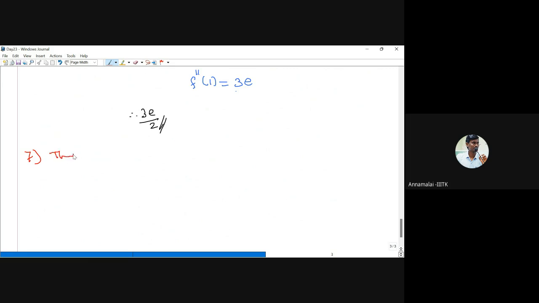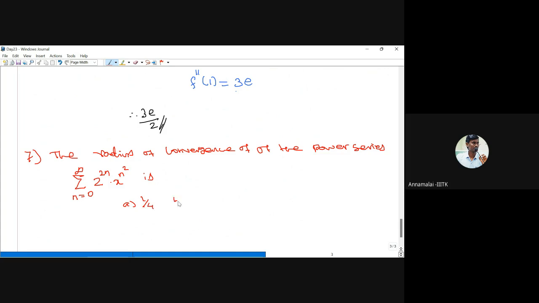The radius of convergence of the power series, summation of 2 power 2n times x power n square, where n equals 0 to infinity, is: the first option is 1 by 4, the second option is 1, the third option is 2, the fourth option is 4.